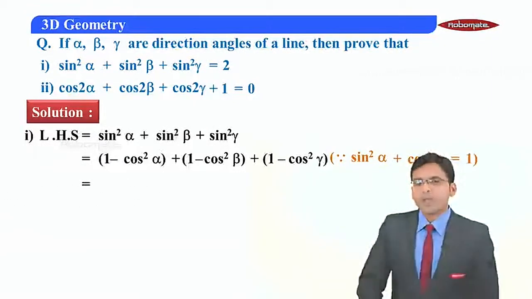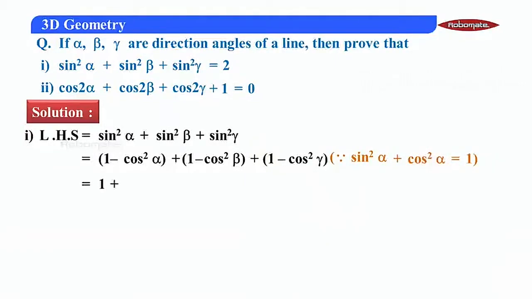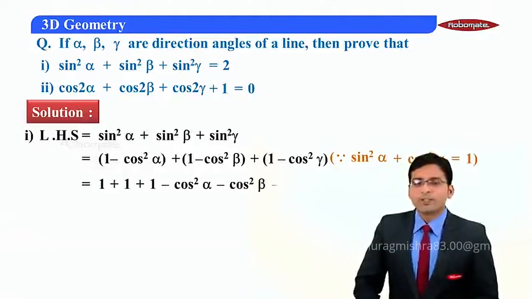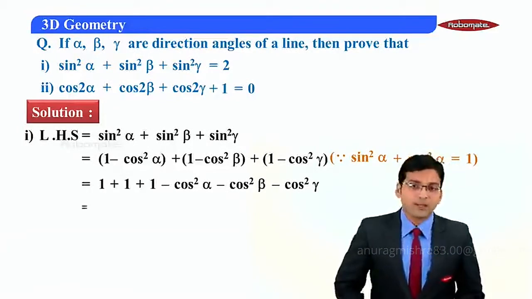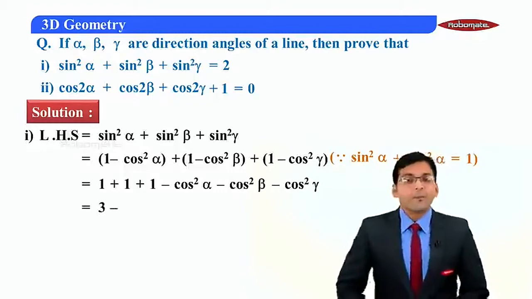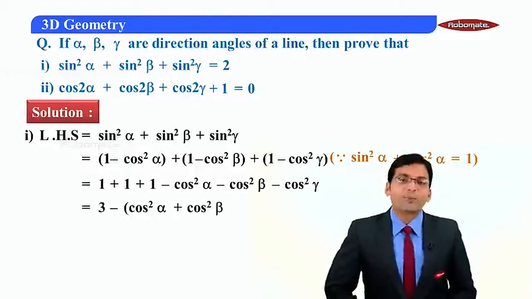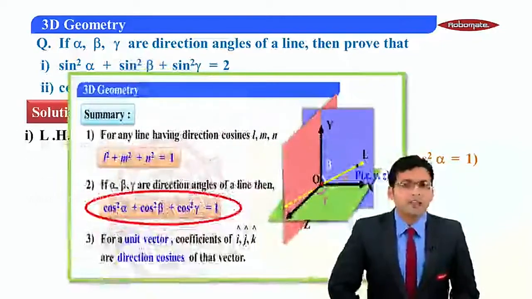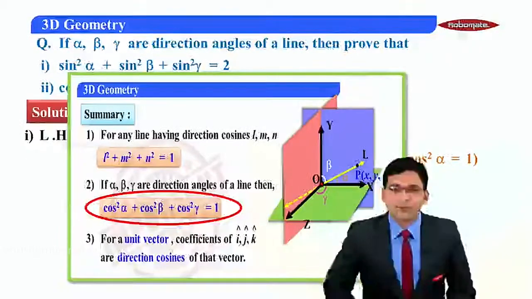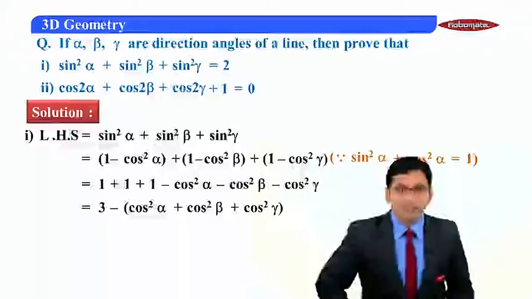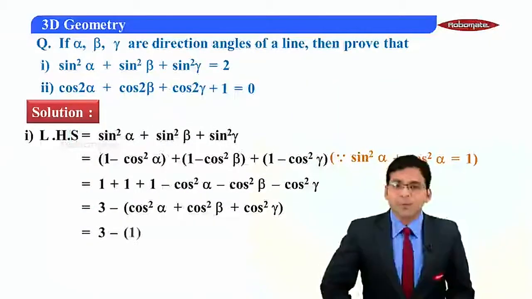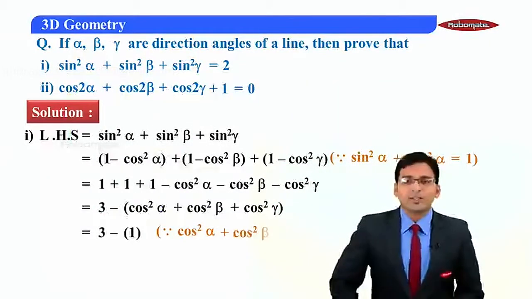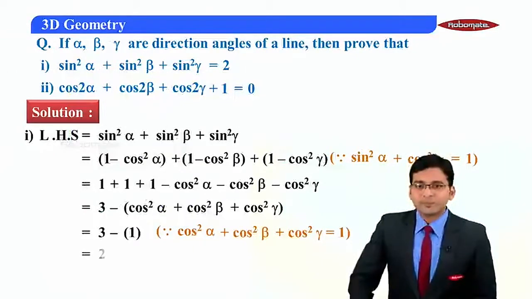Now students, once we have this, what we'll do is we'll add ones together. 1 plus 1 plus 1 minus cos square alpha minus cos square beta minus cos square gamma. This will become 3 minus, sign outside, cos square alpha plus cos square beta plus cos square gamma. Fine. And as we know, cos square alpha plus cos square beta plus cos square gamma value is 1. So we get here 3 minus 1, that is we get value as 2, which is nothing but RHS.